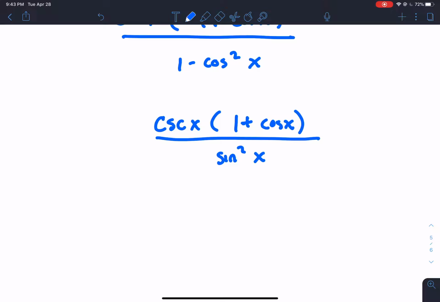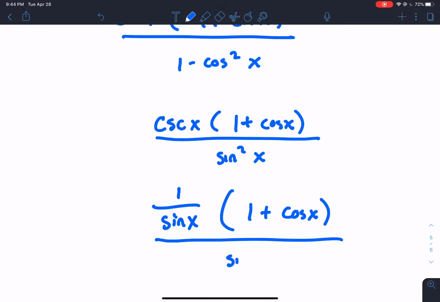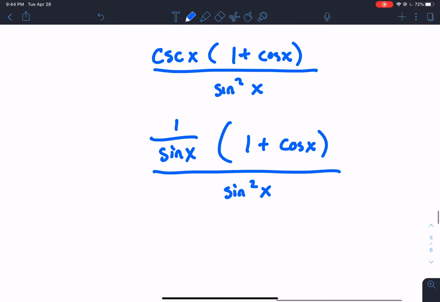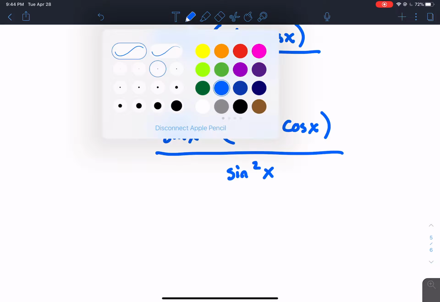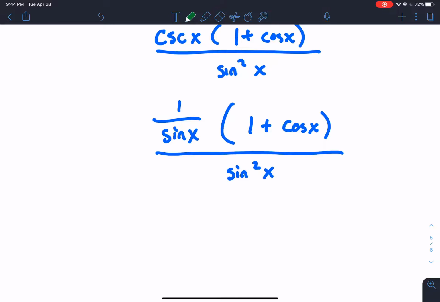this cosecant is the same thing as 1 over sine of x, right? Okay, now if you want to get rid of that fraction, you can simply multiply through by that term.